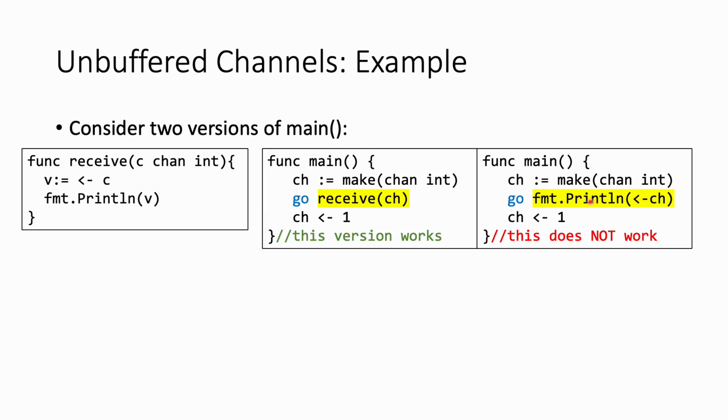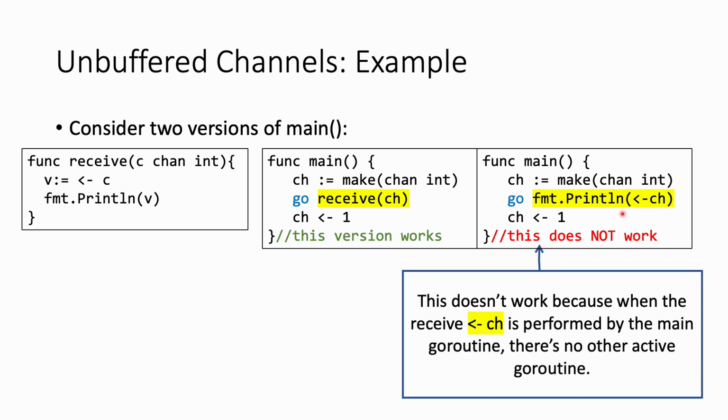However, if you replace the function call receive of CH with fmt.Println of receive from CH, as in the second version of function main here, it still doesn't work because when the receive from CH is performed by the main goroutine, there's no other active goroutine.